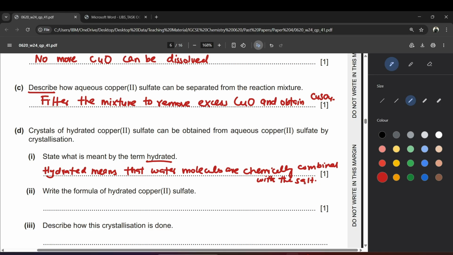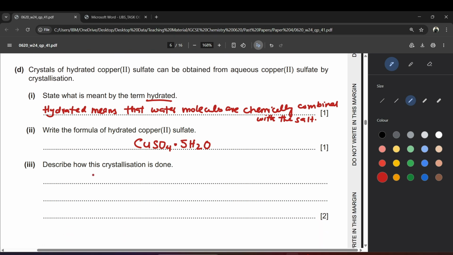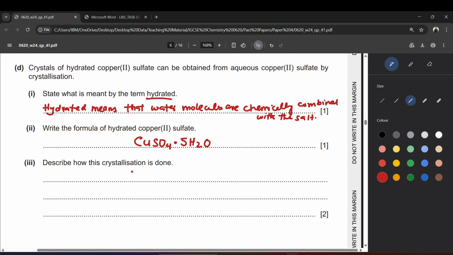Write the formula of hydrated copper 2 sulfate. Now, this is something that you have to remember. You have to recall this. So, the hydrated crystals have a formula CuSO4.5H2O. Now it says describe how this crystallization is done.